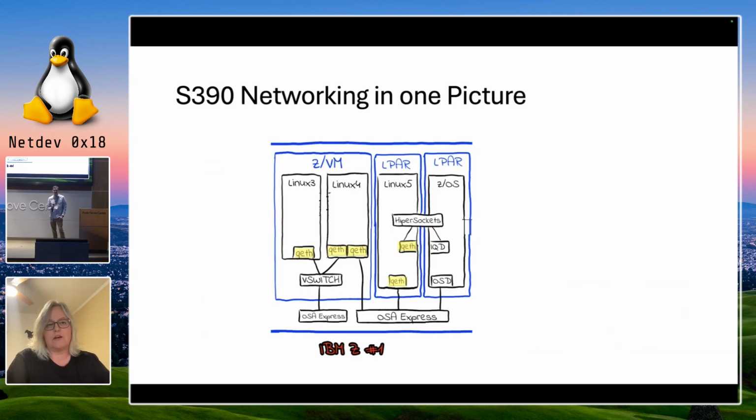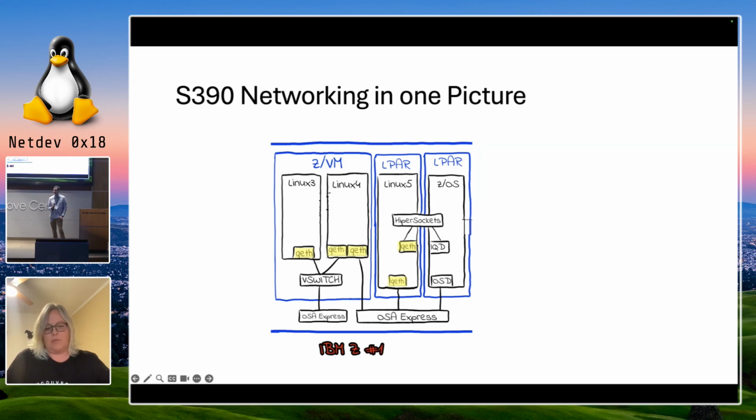So most Linux on Z instances today connect via QETH to the network, either via OSA Express cards that are real hardware cards. In z/VM, it is very popular that z/VM emulates a network channel by its virtual switch, the z/VM vSwitch, and then provides channel devices to the z/VM guests.